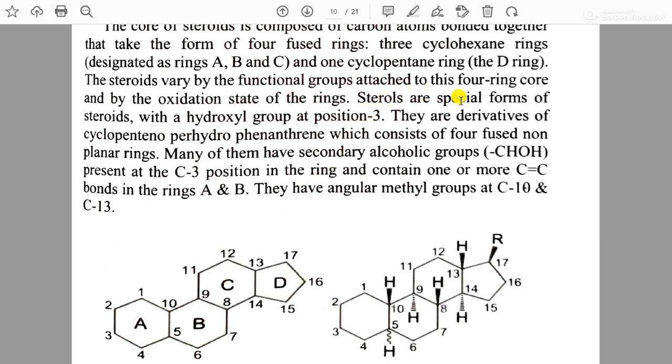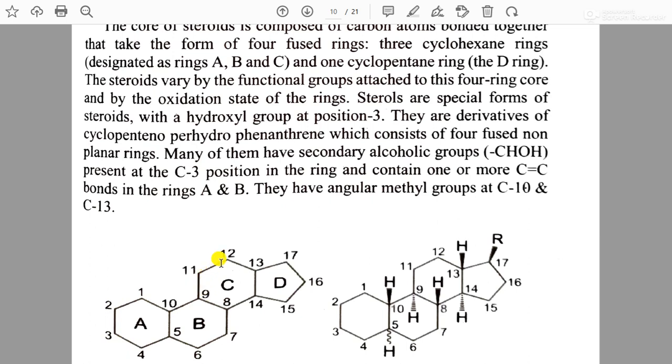Sterols are special forms of steroids with a hydroxyl group at position 3. So this particular group, sterol, is characterized by an OH group at position 3 of the core structure. You can see how the ring is numbered.